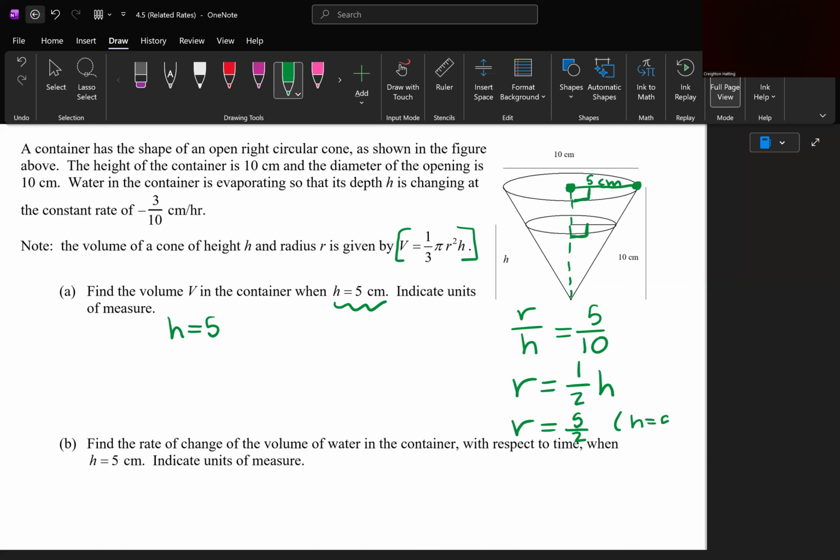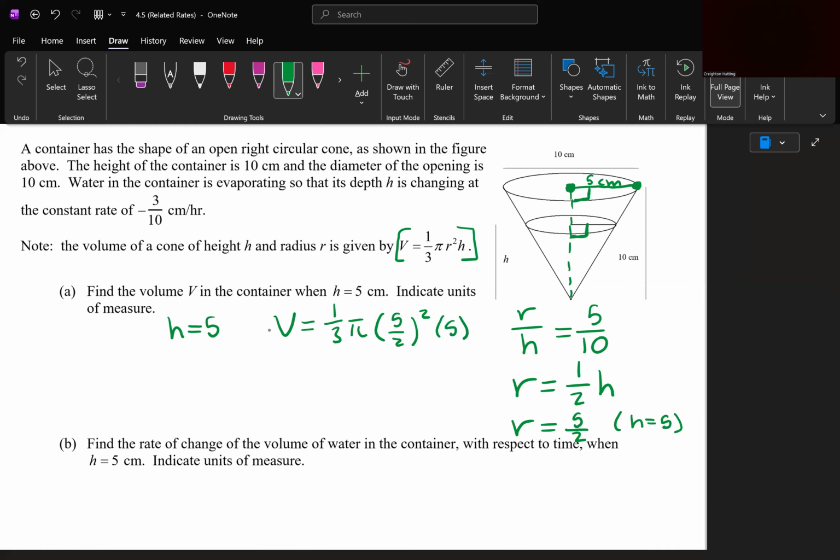Okay, so R is 5/2. Now that we have R and H, we can plug in to find the volume pretty easily. Volume equals 1/3 pi, 5/2 squared, H is 5.